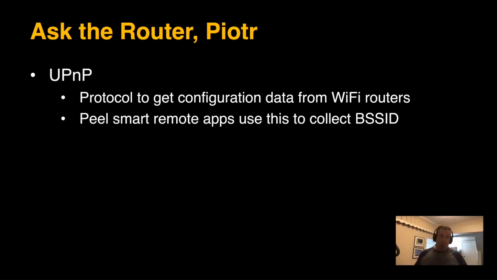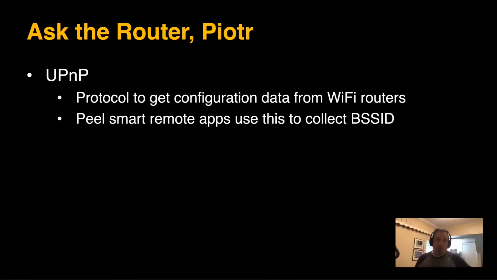Another vulnerability that we looked at that was actually being exploited is the Universal Plug and Play protocol. This is designed to help with configuring new Wi-Fi routers that are added to a home network, but it also leaks information about devices. We found at least one app that was directly opening a socket to the upstream router.